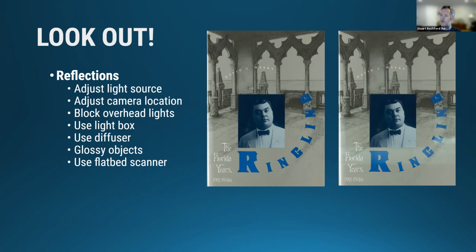Those are not on the actual book, but those were from some overhead lights that we had in the studio. So we just had to cover up those lights. We've since got the lights removed because they were causing too much of a problem. Those overhead lights were just too shiny, they were chrome, and they were reflecting onto the objects below them. So this book was a good example of why we needed to get rid of those lights.